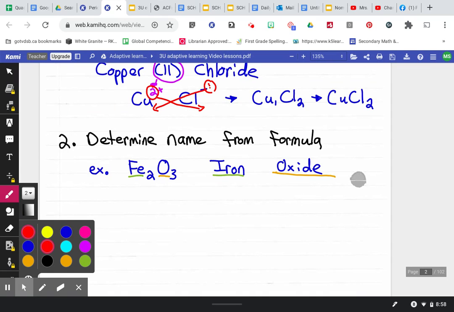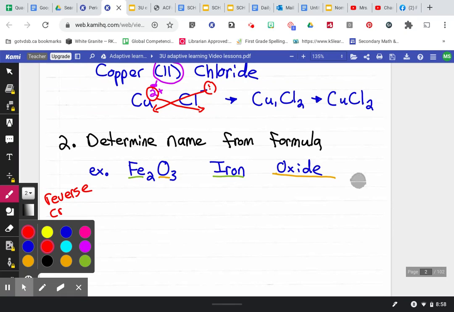To do that, we do what's called a reverse crisscross. So this 3 comes up here, and this 2 comes up here. So it ends up that this becomes a 3 plus, and this is a 2 negative.